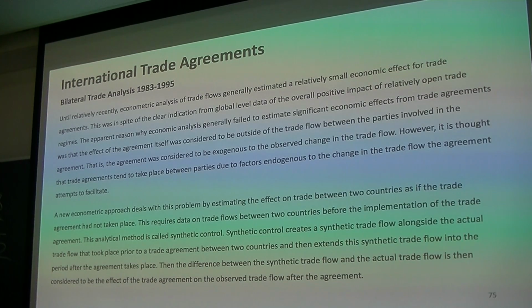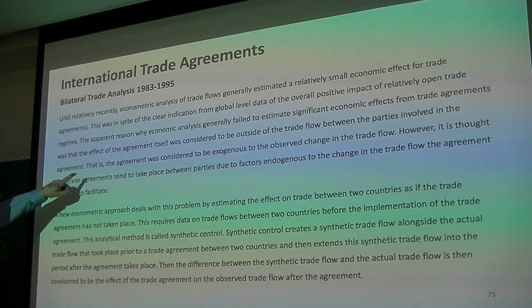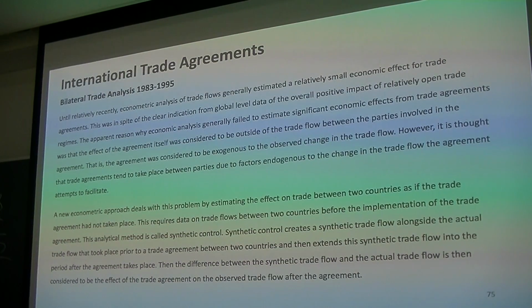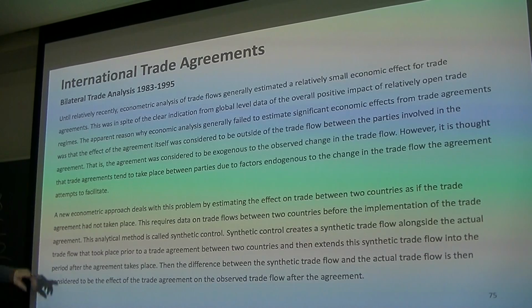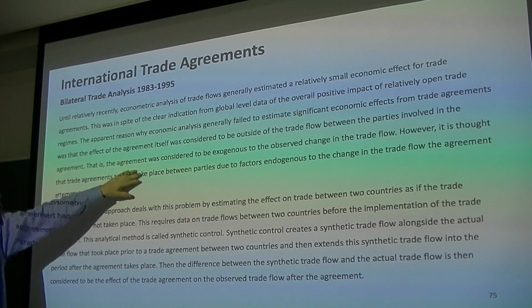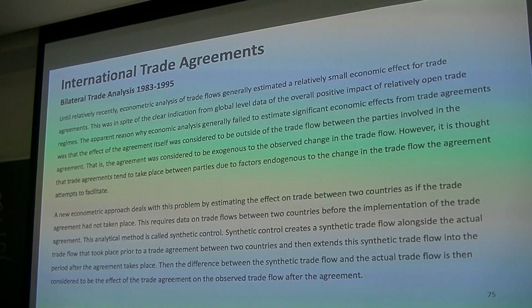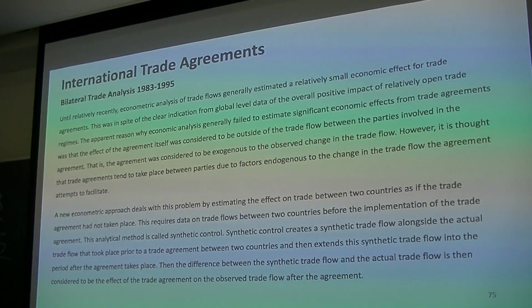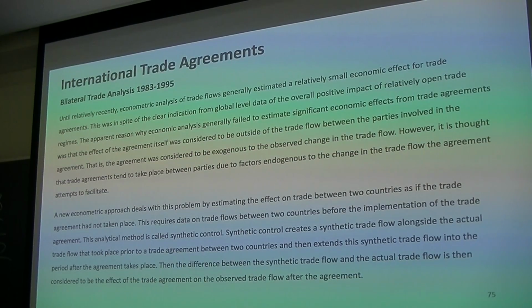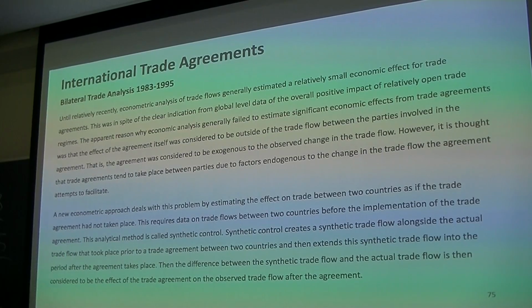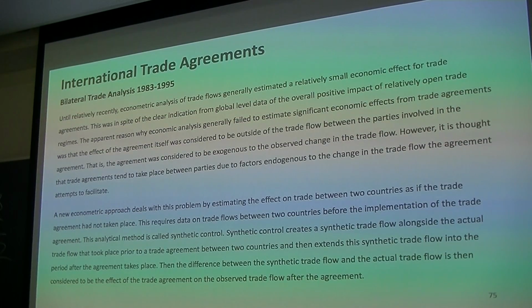The problem is that the effect of the agreement itself is considered to be outside of the trade flow. You've had trade agreements, and they're considered to be exogenous to the observed change in trade flow. Well, there have been efforts to deal with this problem and to estimate the effect on trade between two countries as if the trade agreement had not taken place.